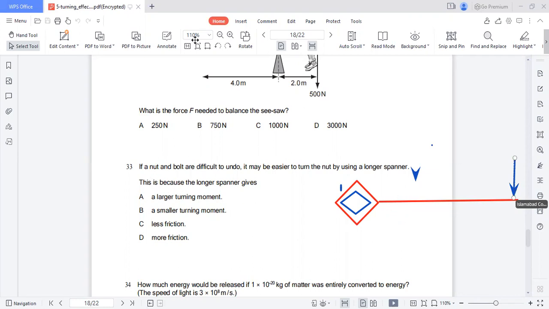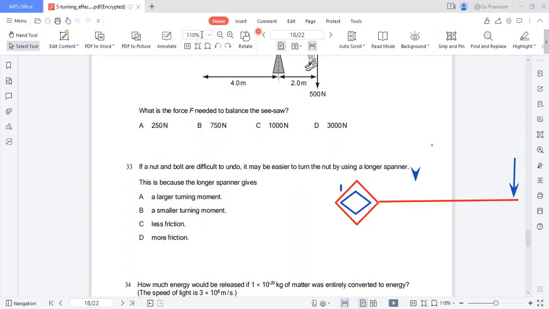Now the question is related to this. If a nut and a bolt are difficult to undo, it may be easier to turn the nut by using a long spanner, because when you have a long spanner, you need to apply a small amount of force. The options are: the longer spanner gives a large turning effect, small turning effect, less friction, more friction.